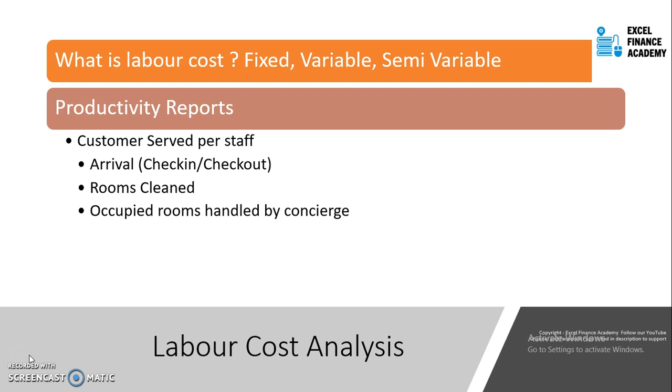So these productivity reports can be compared from one hotel to another hotel. However, you need to remember the size. As we learned earlier in our revenue analysis section, where we learned about the horizontal analysis and the vertical analysis, which you can apply for the labor cost as well, the reports should be of comparable hotels and should have the same standard of recording.